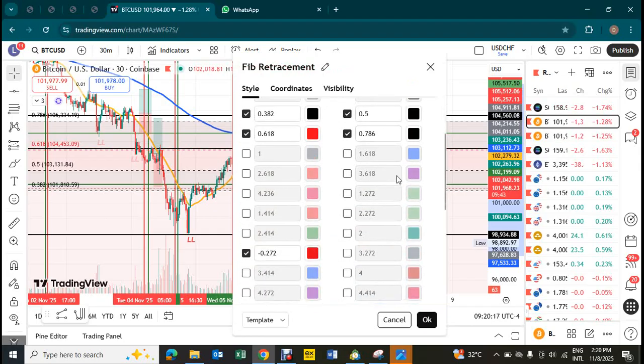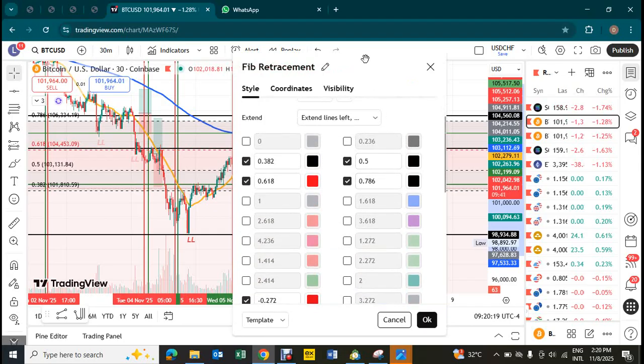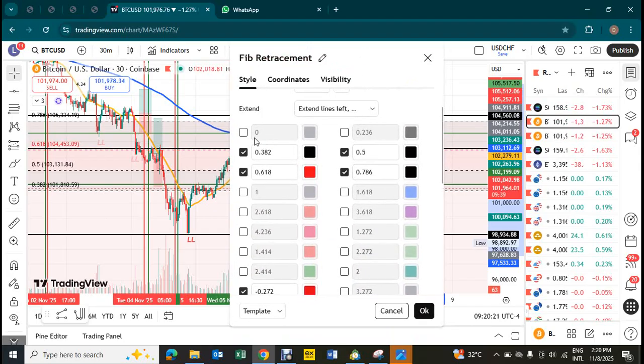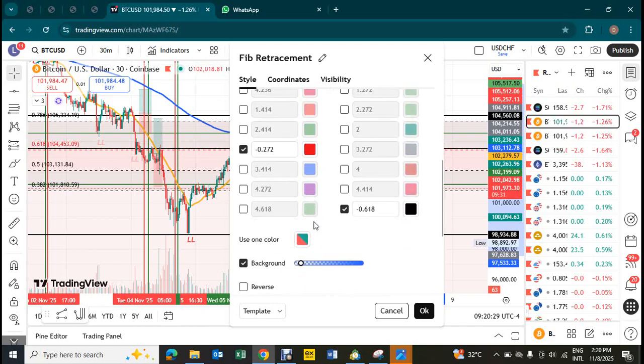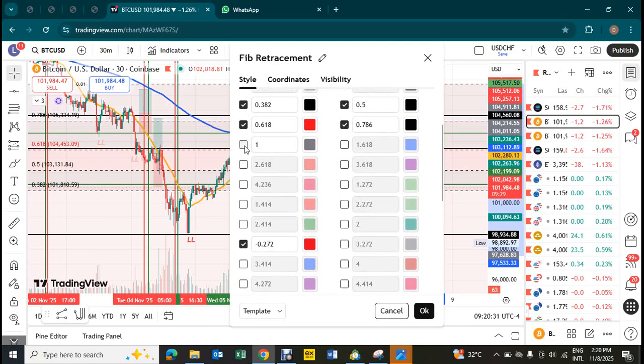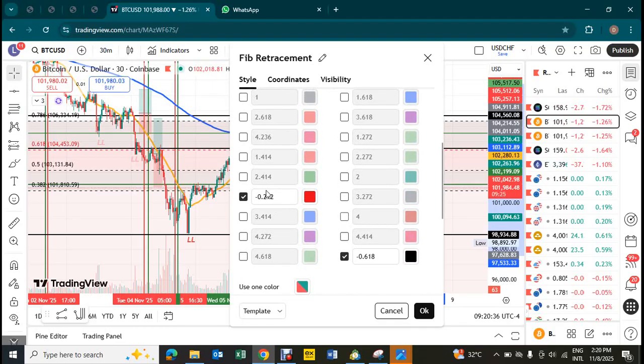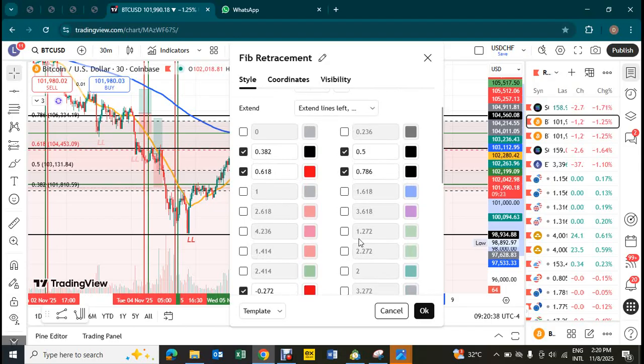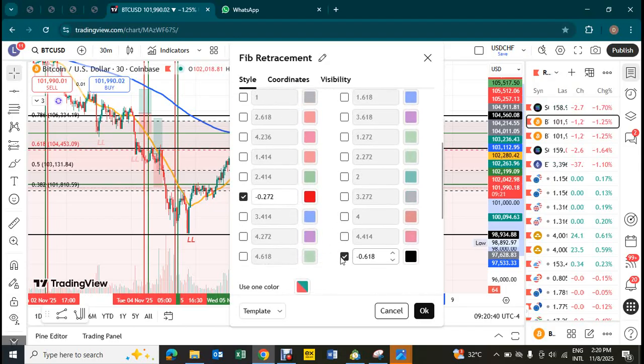Now I want you to do what you see here on your own. You can see where it's marked. You can put 0.382 there. On the other side, 0.5, 0.618, 0.786. You can see coming down, some are marked, some are not marked. So you're going to mark only these six, 1, 2, 3, 4, 5, 6, and also put what you see there.